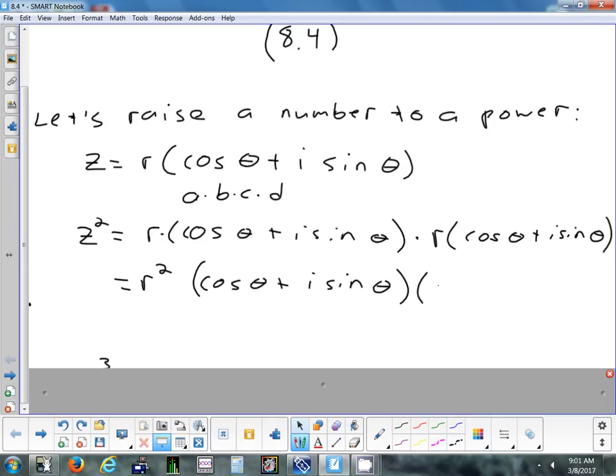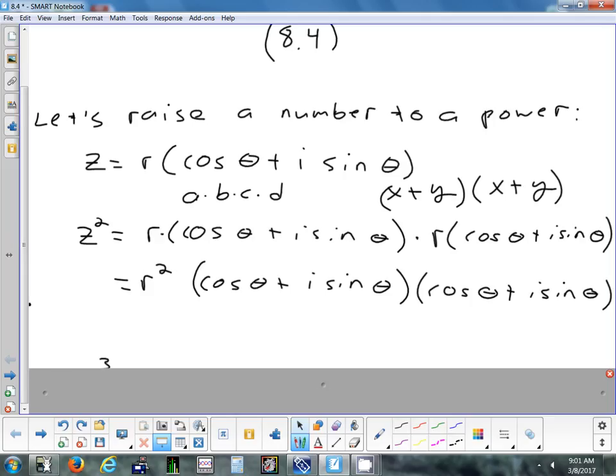And then another cosine theta plus i sine theta. Isn't that just cosine theta plus i sine theta squared, right? Yep. How would you do that out though? If we had something like x plus y times x plus y, you could write x plus y squared, or if you do it out, you FOIL it.